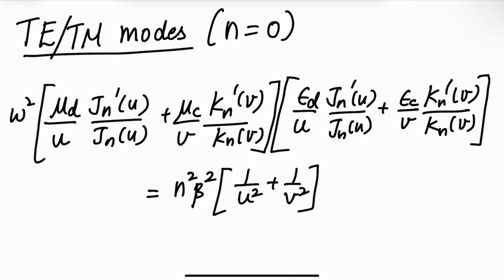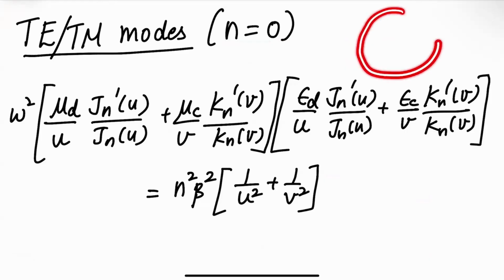What is n? n is the azimuthal index, right? So essentially, how much variation, or how many nulls and mode peaks there are as you go around in azimuth. That is what n is describing. And it's e to the i n phi. That's the index for the phi variation. When n is 0, it means that e to the i n phi is equal to just 1, which means there is no variation in phi.